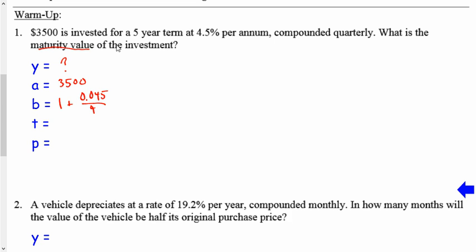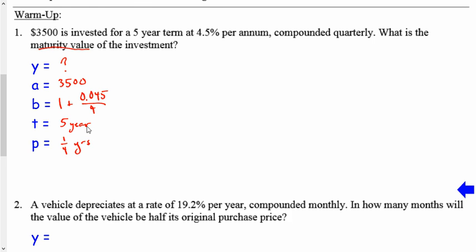We're interested at the end of a 5-year term, and if we go with the formula as we were given above, this t would be a time in years, and so that's going to be 5 years. The p is how frequently per year our money is compounded, and it's compounded in every 1/4 years.